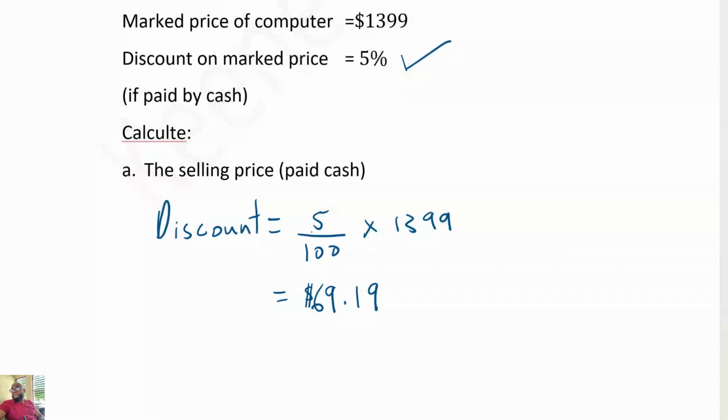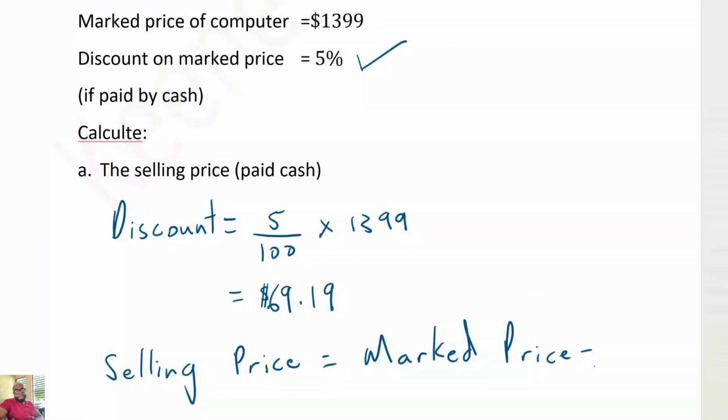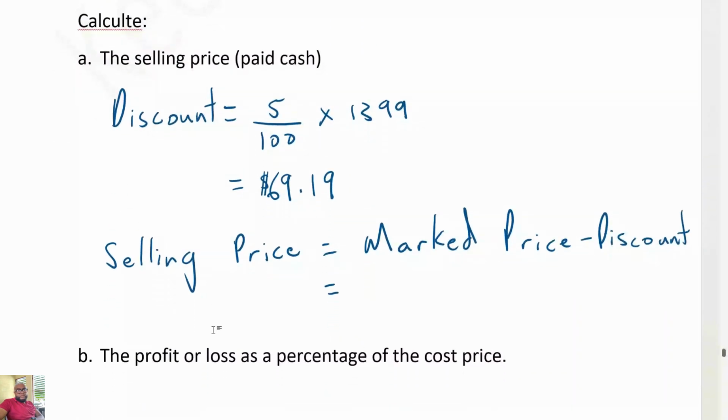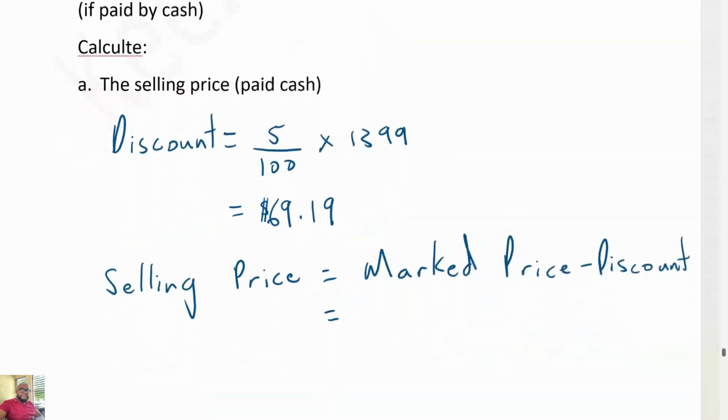So your selling price, let me teach that. My selling price would be equal to my marked price minus the discount. Everybody good there? What's the marked price again? $1,399, right? That was the marked price. So it'll be $1,399 minus $69.95.